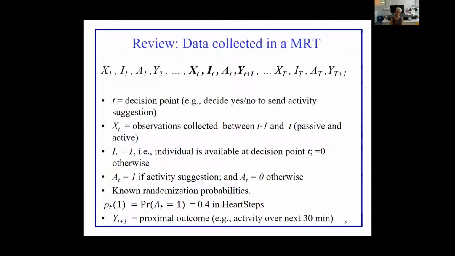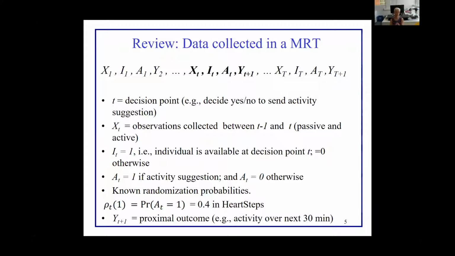And the reason why was because the kinds of messages that we're providing in HeartSteps are messages about new types of walking activities. And we didn't really want to bother someone. If they're currently walking, we don't want to say, oh, stop what you're doing now and undertake a new kind of activity. Now, of course, if our suggestions were about extending one's current activity, availability might be defined differently.